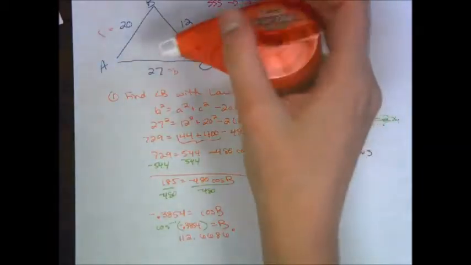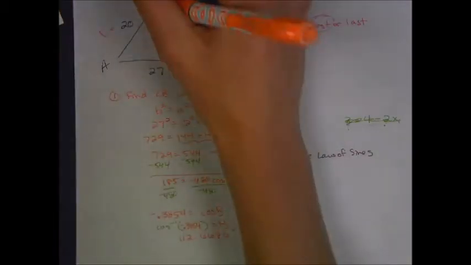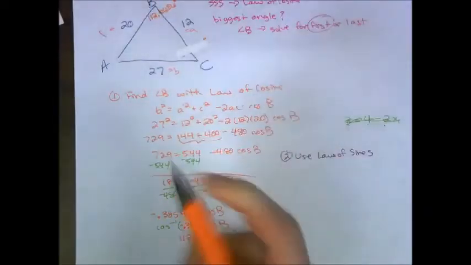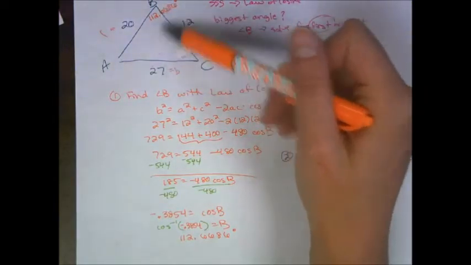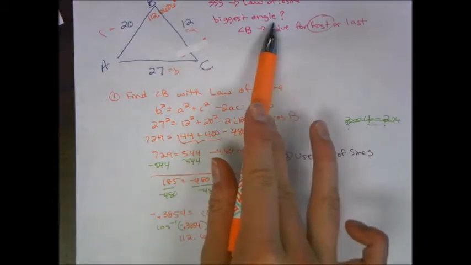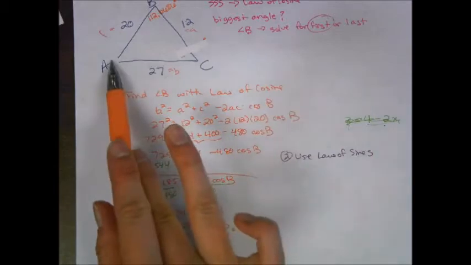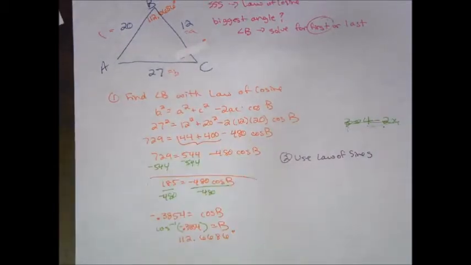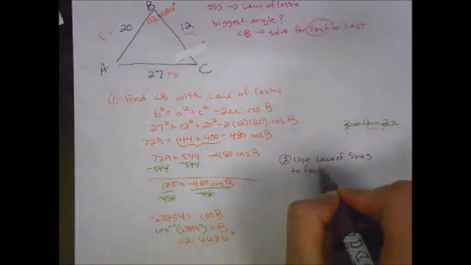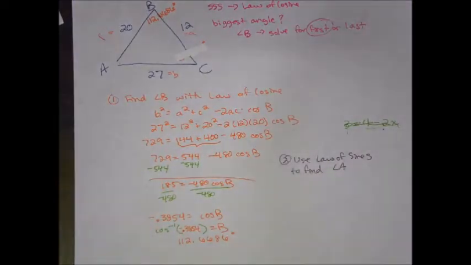Let's wipe that out. Okay, so we have a pair here with my B's. Since I found B first, I found the biggest angle first. I can find A or C. I'm going to find A.